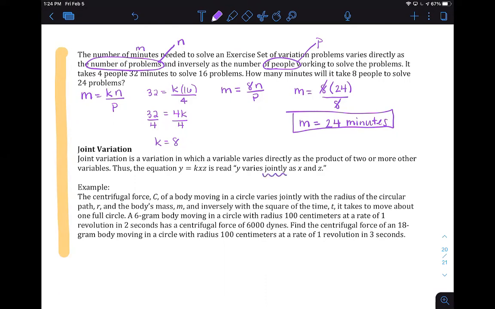Jointly is the same thing as direct variation. When it says varies jointly, that's the same as doing direct. So it's all multiplied, no division.